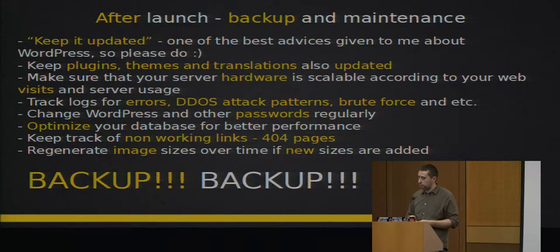Optimize your database for better performance. Better said, optimize your database server for better performance. Keep track of non-working links for pages, of course, to see why they're not working and why there is no content on them. Regenerate image sizes over time if new sizes are added.